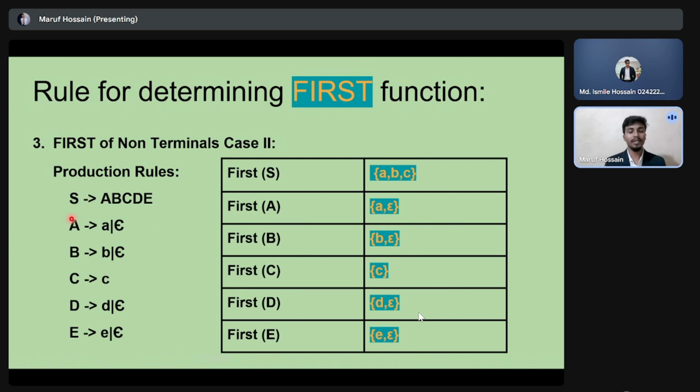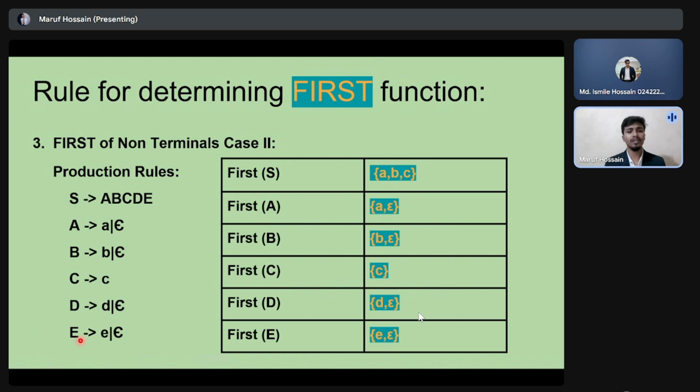the first set of capital A, which is small a and epsilon, and then the first set for capital B, which is small b and epsilon, and the first set for C is just small c, and the first set for capital D is small d and epsilon.